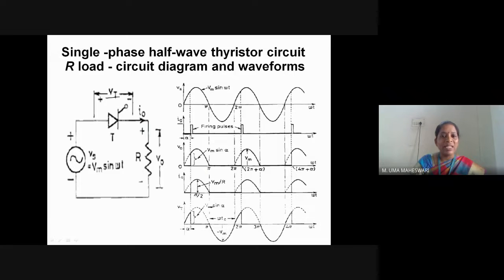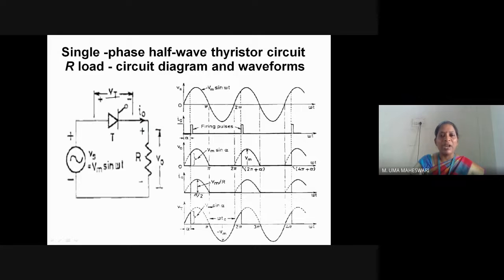So only after instant alpha does the SCR turn on. Until then the SCR is in the off state, acting as an open switch, so no current flows from the source to the load. The output voltage is 0 from omega t equal to 0 to omega t equal to alpha.